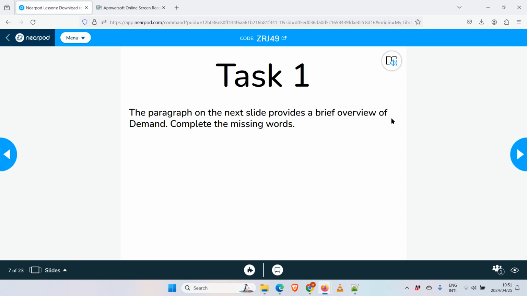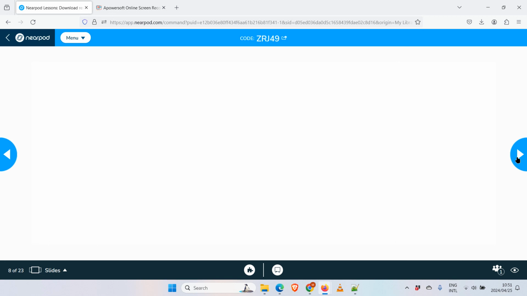The first task is a paragraph which provides a brief overview of demand. There are some missing words in this paragraph that describe demand, and I want my students to complete the task by filling in the missing words.